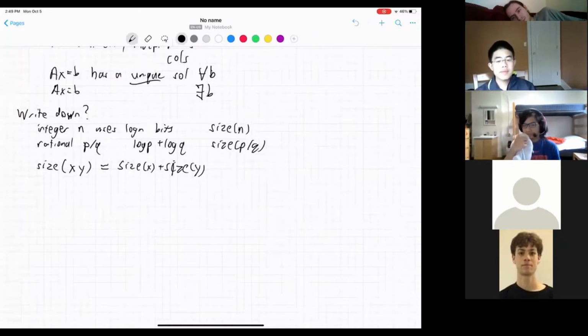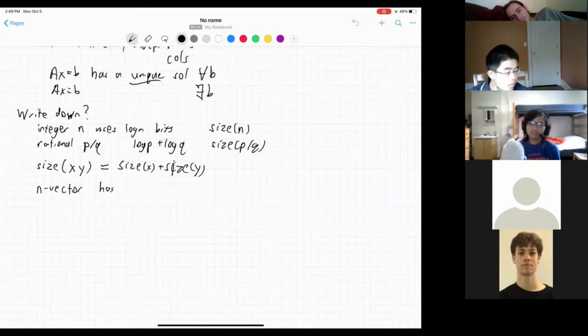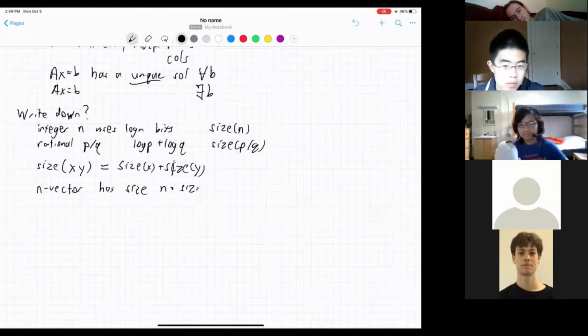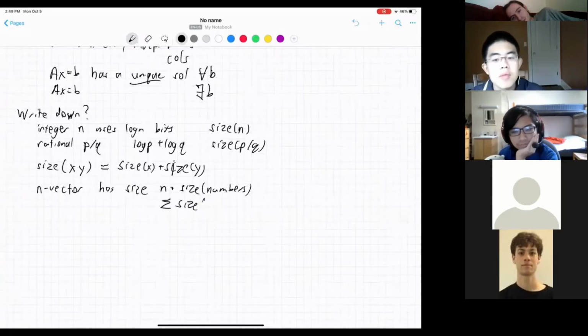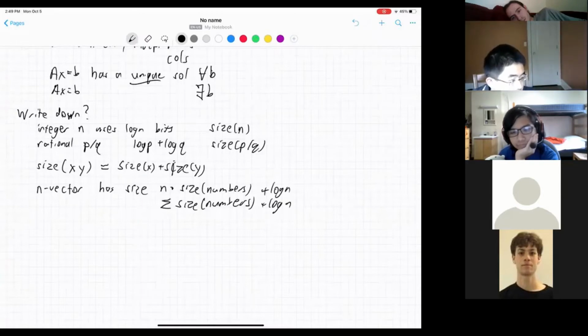So taking a product adds the logs. If we now consider a vector of n numbers, its size is n times the size of the numbers in that vector. Or if we want to be more precise, it's the sum of the size of the numbers in the vector, plus log n, of course, to indicate the size of the vector itself, okay?